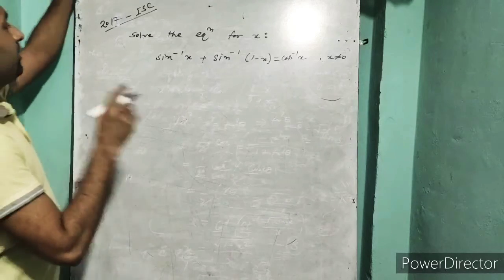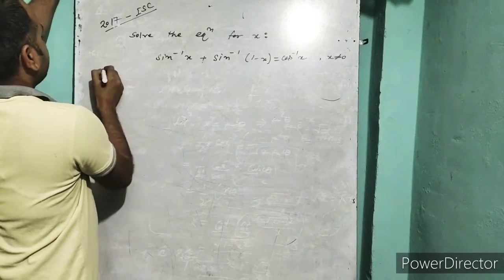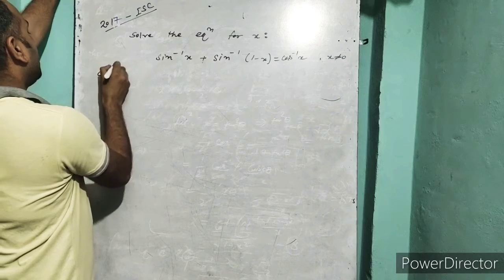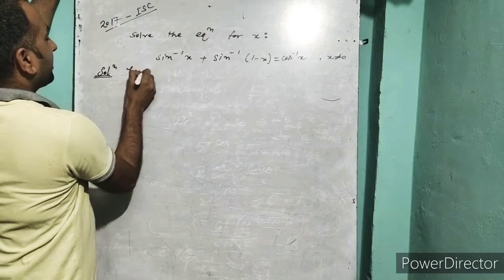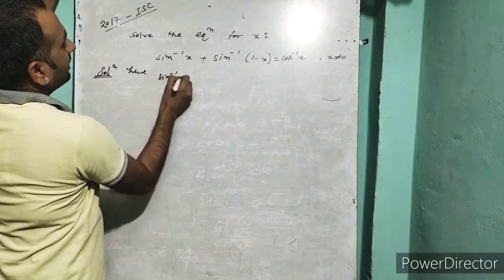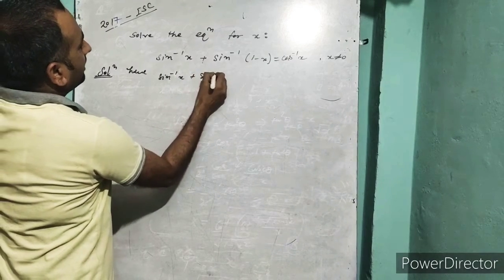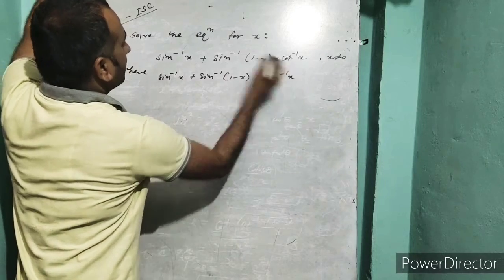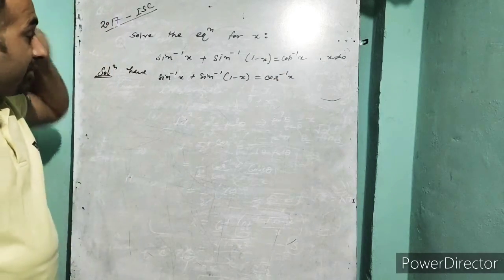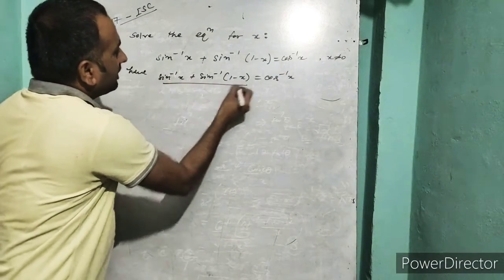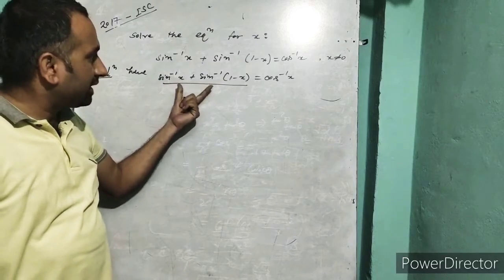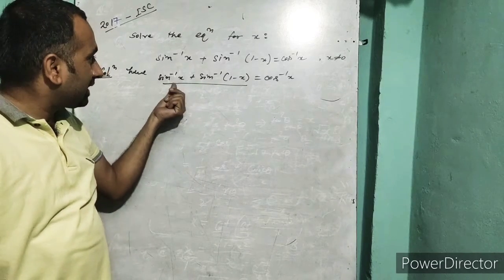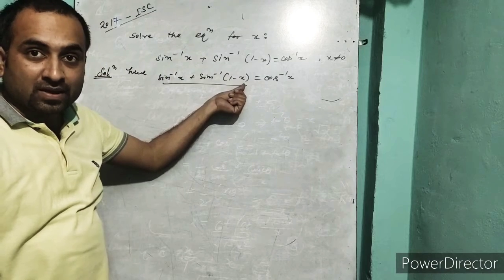So here we have the solution. You will write down the solution here. Sin inverse x plus sin inverse (1 minus x) is equal to cos inverse x. If you see this portion, it looks like sin inverse, so here we can apply the property of sin inverse x plus sin inverse y.